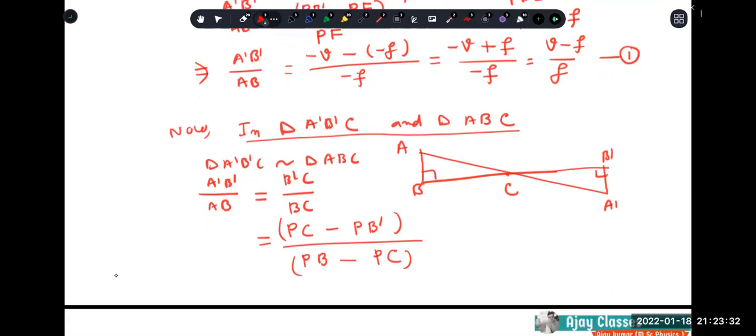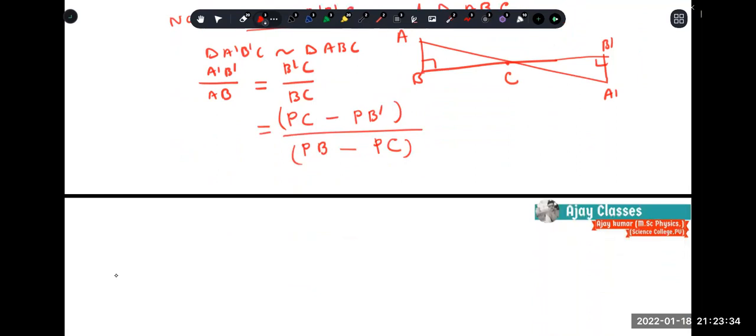Now we will put the values of PC and PB'. What is the value of PC? Pole to C is the radius of curvature R, and because it is a concave mirror, a minus sign must be taken. Pole to image distance is minus V with the negative sign.